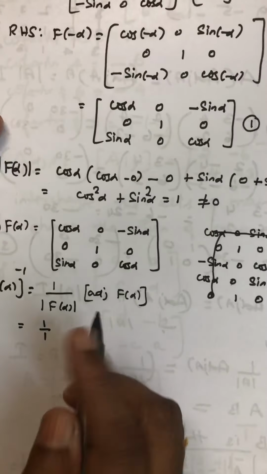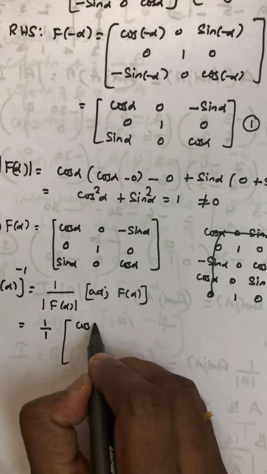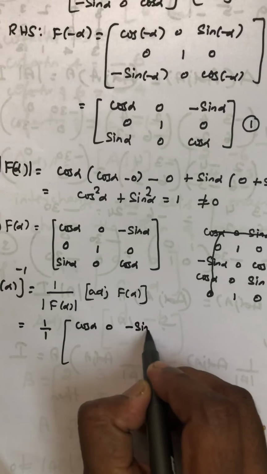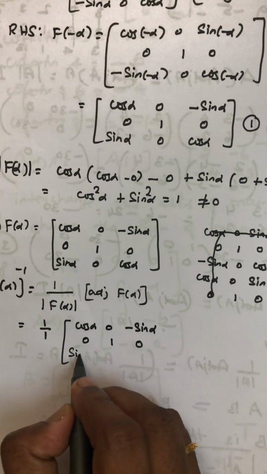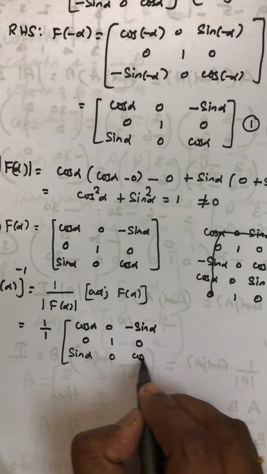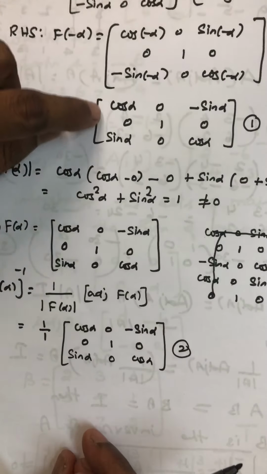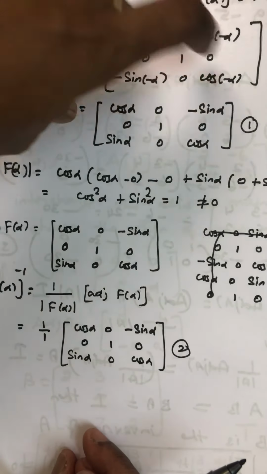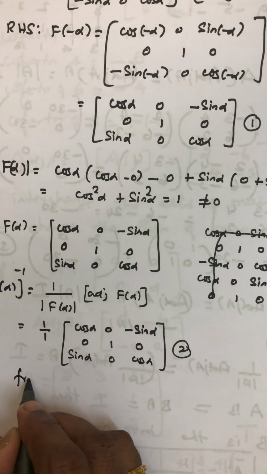So simply we are going to write down what is this adjoint of f of alpha. Cos alpha 0 minus sin alpha; 0 1 0; sin alpha 0 cos alpha. Now look at this 1 and 2. We have the same entry, cos alpha 0 minus sin alpha, 0 1 0. Okay. So from 1 and 2.